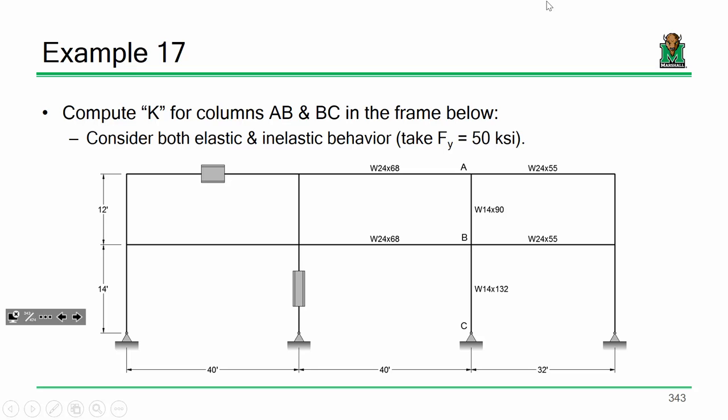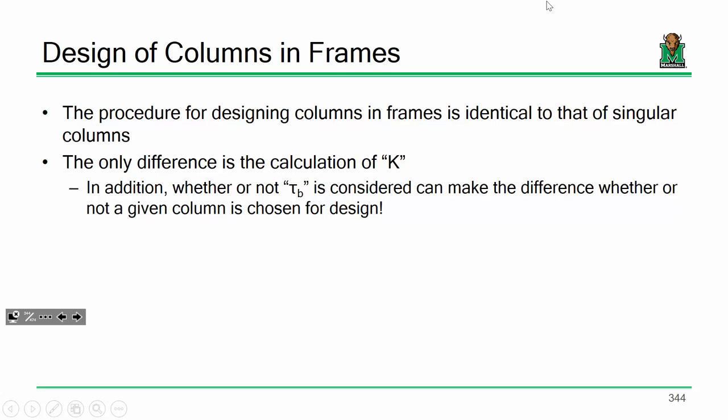Again, another point: Kx for all of these columns was computed using the alignment charts. Ky is 1. Sound good? All right, so let's talk about design. Design for a column in a frame is absolutely no different than the design of a single column by itself.